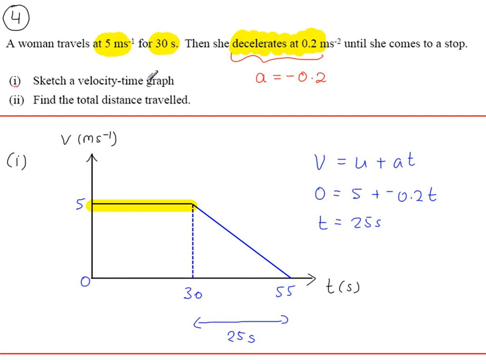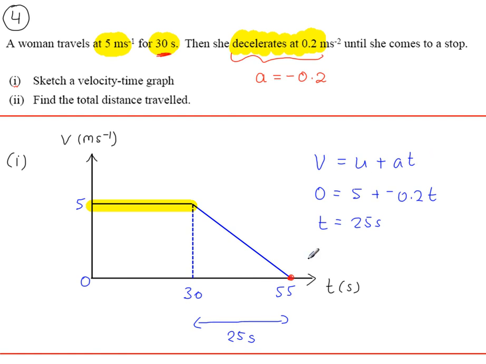So the sketch of a velocity time graph is pretty simple. Constant velocity and then deceleration until at this point the velocity is 0. So we know that this is 30 seconds, that's given. The portion of the journey representing deceleration, we can work out the time taken for the deceleration by using this SUVAT formula.